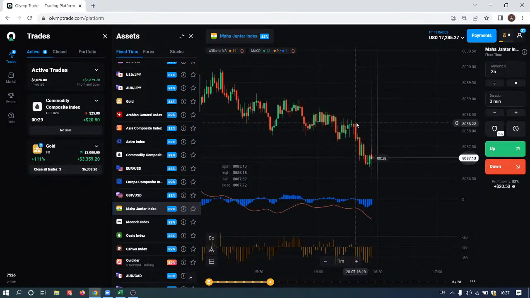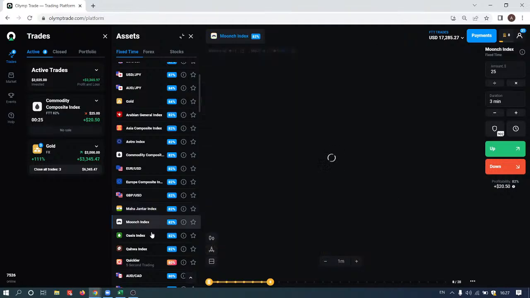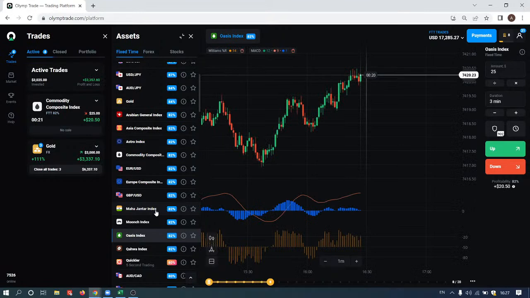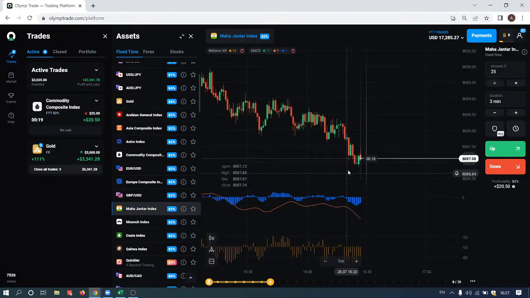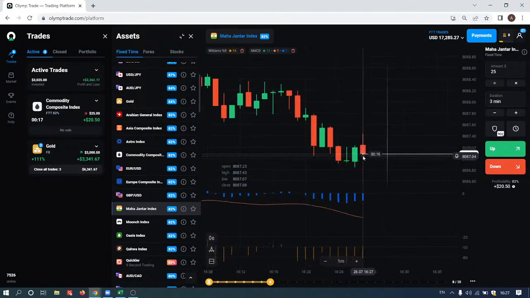Wow. So finally the Mahajantar index is dropping. Started moving.